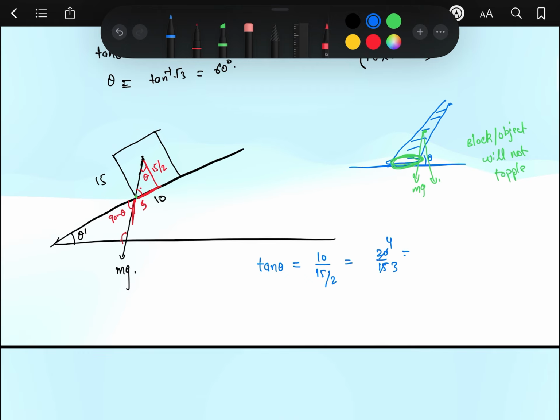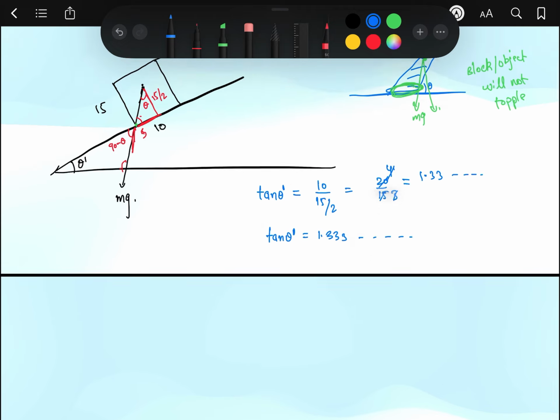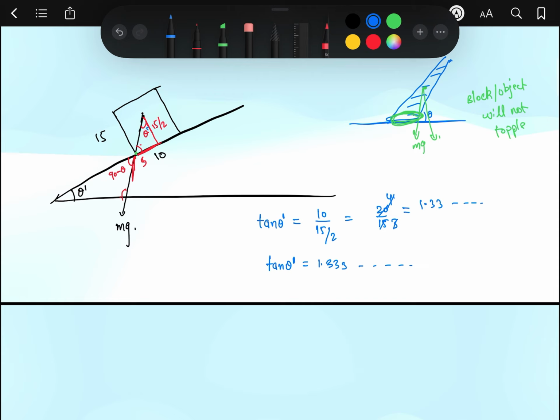So this will be equal to 1.333. So here the value of tangent theta is equal to 1.333. This is the condition for the block to topple down. Here it is not theta, it is theta dash actually. So at this value of theta dash, the block will topple down.